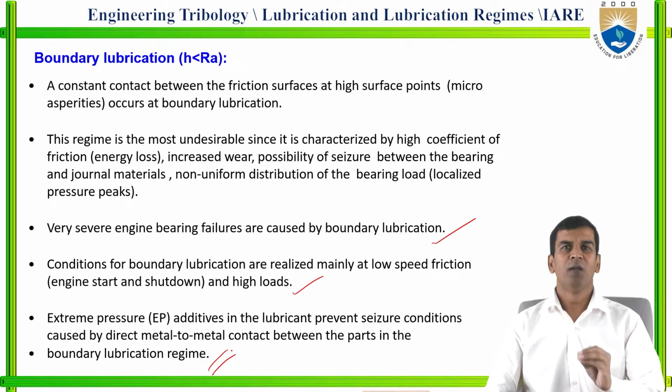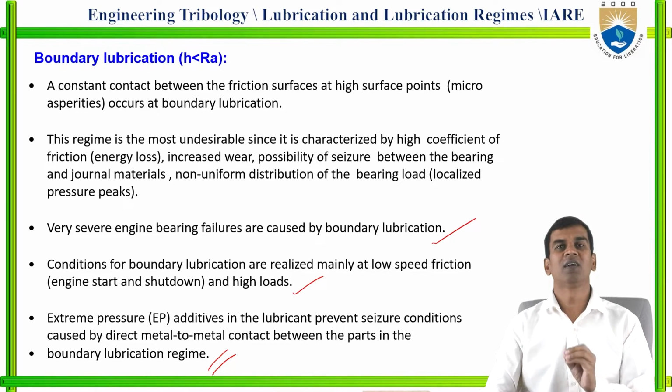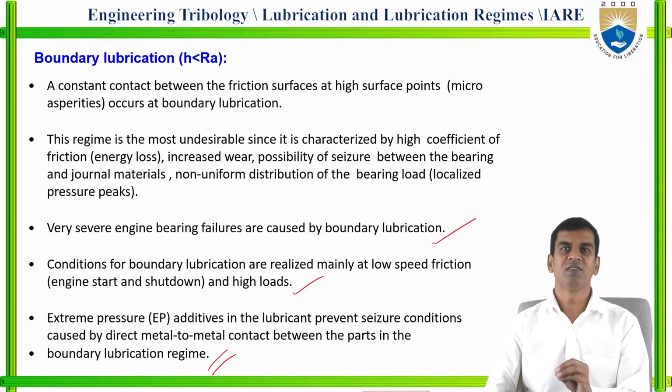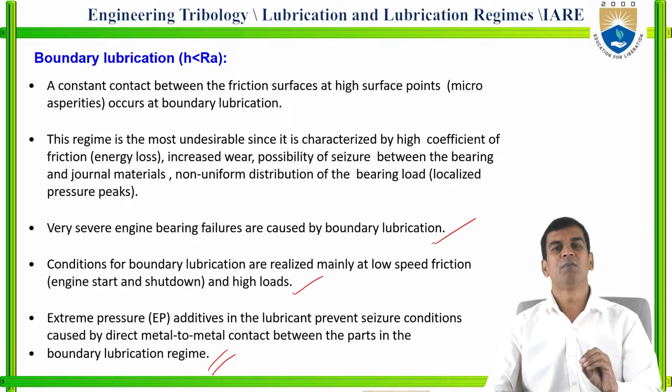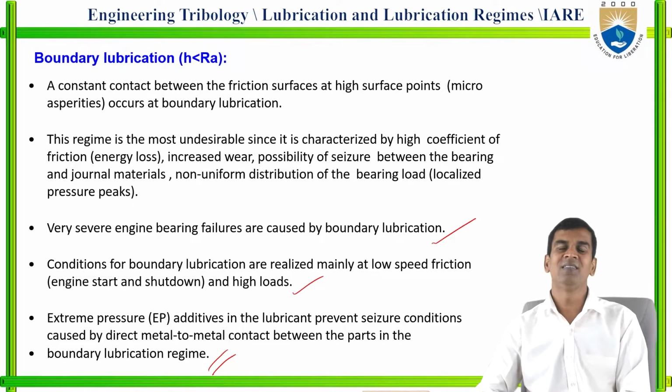In simple terms, boundary lubrication occurs when the thickness is less than the surface roughness. This is an undesirable regime because high friction loss and more wear take place, there is a possibility of engine seizing, and non-uniform distribution of load takes place.